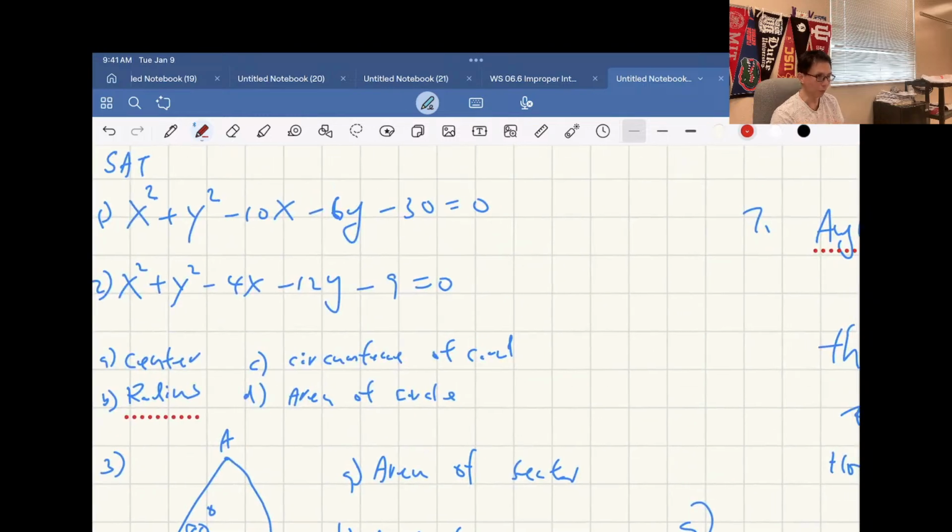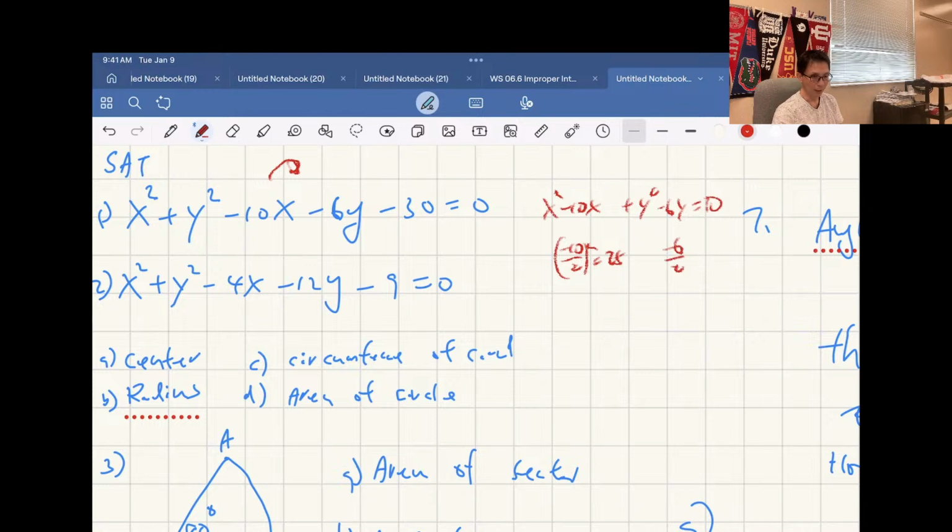Area of a circle? Well, you just find out what the radius is. Once you find the radius, then you can do pi r squared. Do you know how to complete the square here? Okay, so it'll be x squared minus 10x plus y squared minus 6y equal to 30, right? So I'm going to do minus 10 divided by 2 squared. So that's 25.